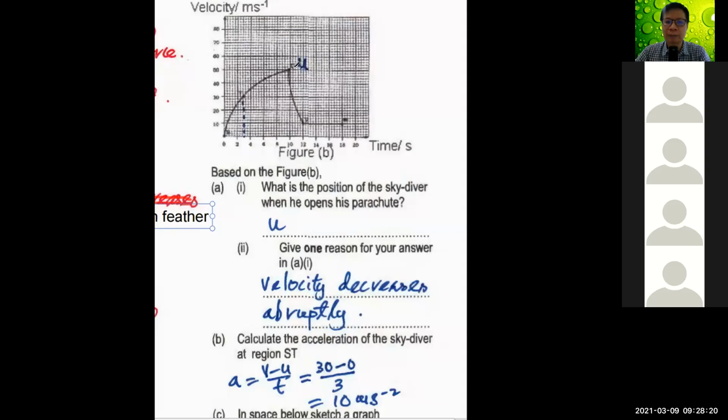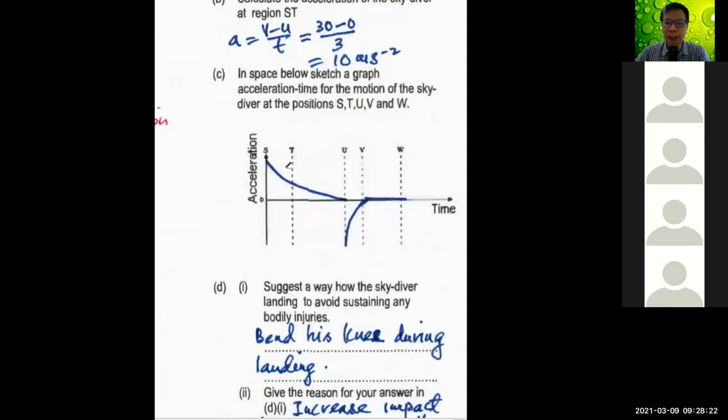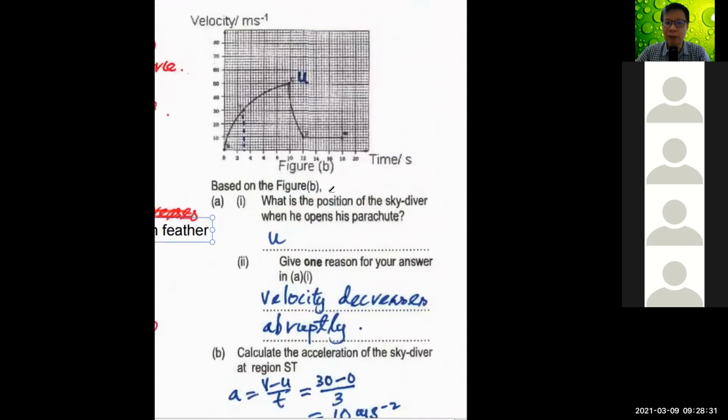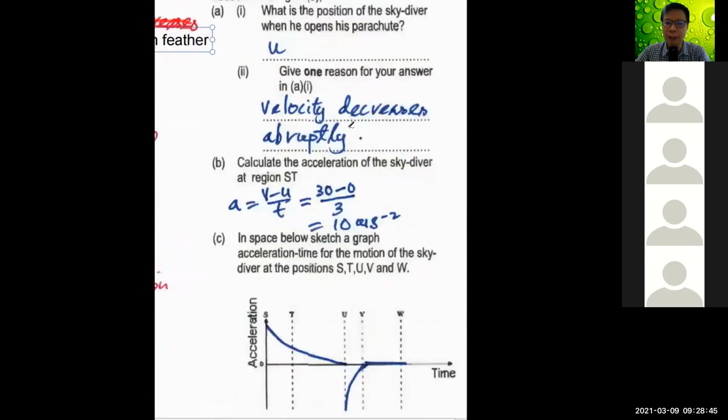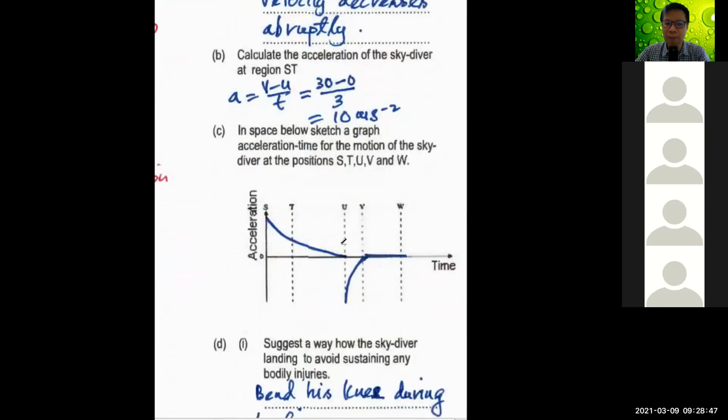If you draw a straight line, it means you are very sure the acceleration is decreasing constantly, decreasing linearly. But here we are not sure, unless you calculate the gradient and the gradient decreases constantly. We are not sure that the decrease of the acceleration is constant, so we don't use a straight line, we use a curve. Okay, thank you.